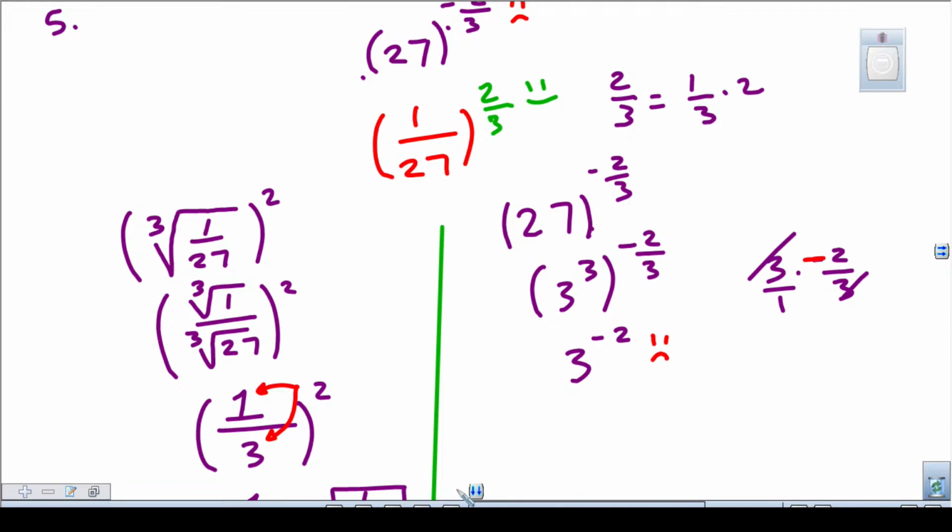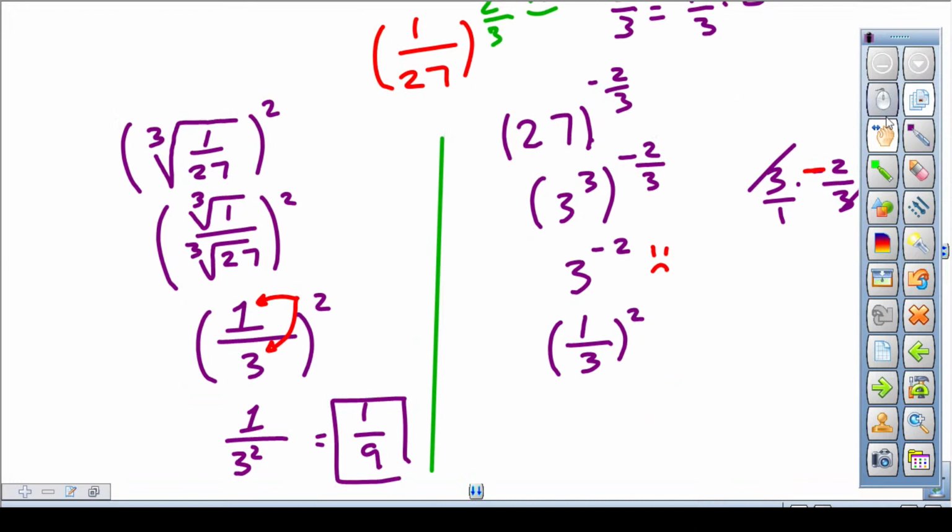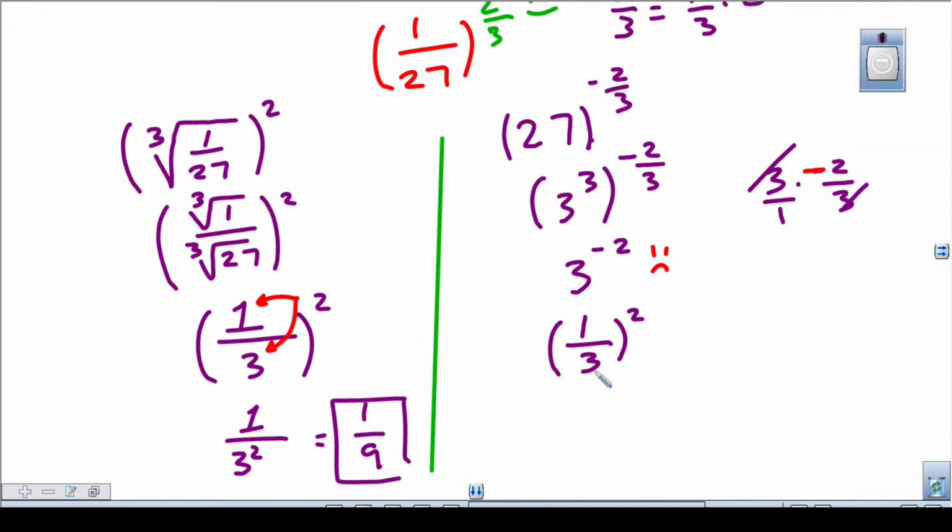So I just have to take the reciprocal of that, and that's going to be 1 over 3 to the 2nd power, which is, again, 1 over 3 to the 2nd power is basically 1 squared divided by 3 squared. 3 squared, which is 1 over 9. That's just another way to approach the problem, okay? You could choose either, but make sure that you're familiar with both of them.